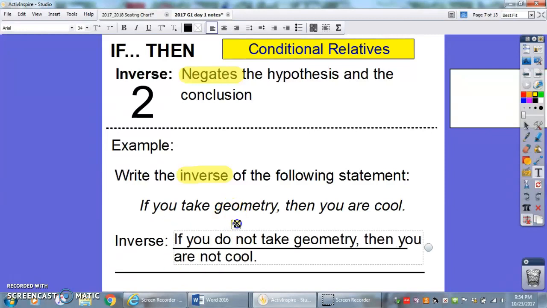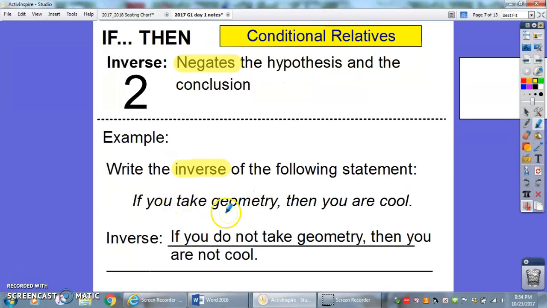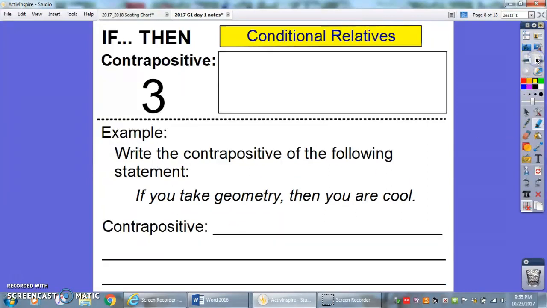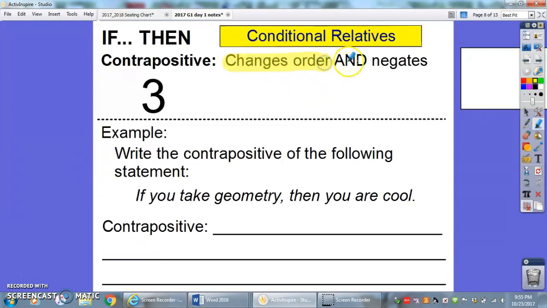Since the statement didn't have any nots in there, I simply had to add a not to make the inverse. Then the third one is the contrapositive, and that would be both. For the contrapositive, you have to change your order and negate.